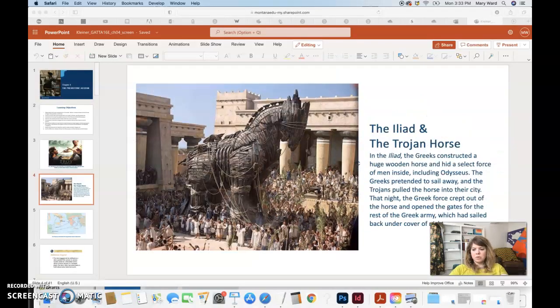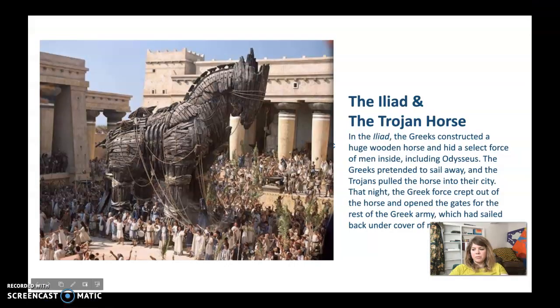And basically the story of the Trojan horse is just that: King Menelaus and Odysseus and all of his Greek troops made this wooden horse. They put a select group of soldiers inside of it. They left it outside the gates of Troy. The Greeks then pretended to sail away and go home.